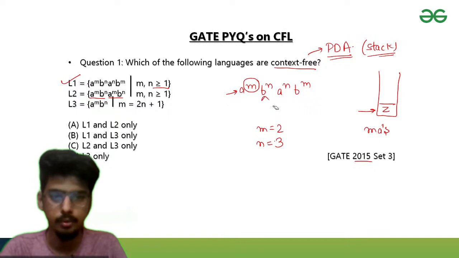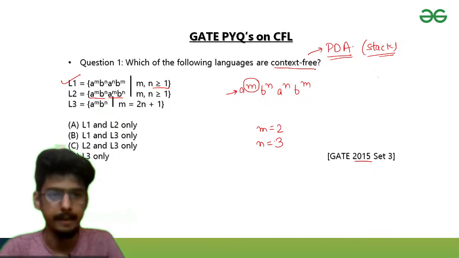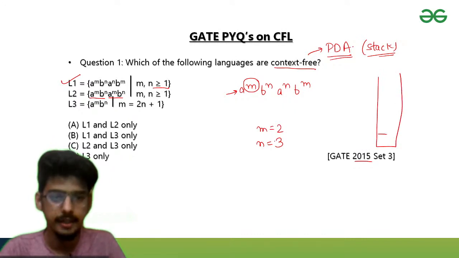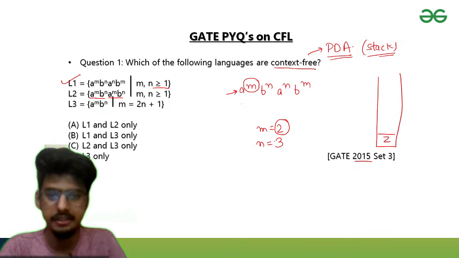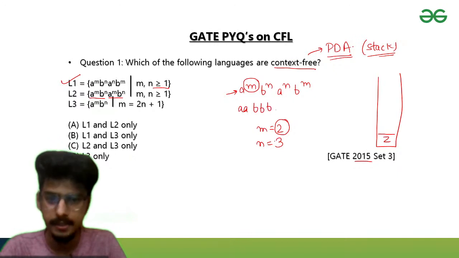Now I'll remove these comparisons and make a bigger stack so that it is easier for you to understand. Here we have the initial symbol, then first you will push these 2 a's. The string in this case, when m is 2 and n is 3, will be a a, b b b, then a a a, then b b.